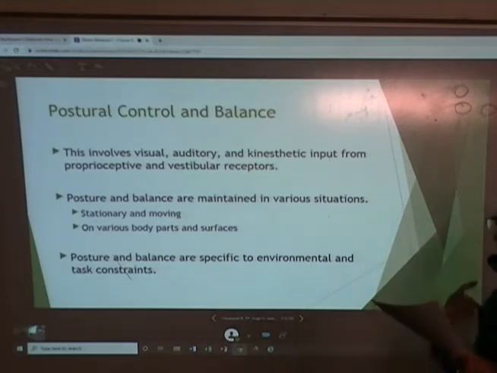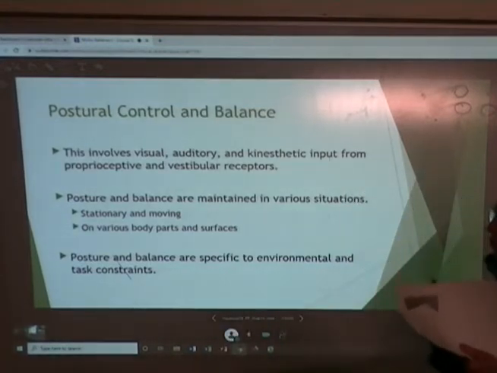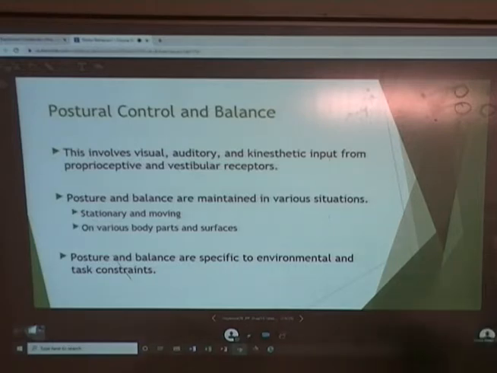So we have to consider the fact that posture and balance don't just happen in a stationary situation, right? They also happen in dynamic contexts, all right? So I have to maintain my posture and my balance standing still, but I also have to do that if I'm running. If I'm not able to maintain posture and balance, then running becomes tripping and I fall over.